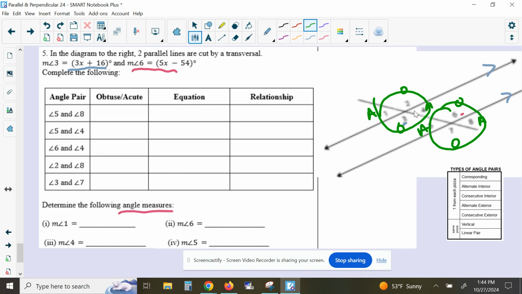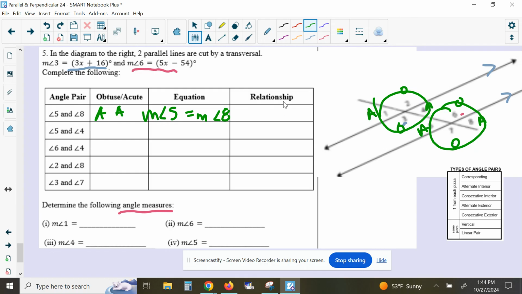So 5 and 8. If I look at 5 and 8, 5 is here, that's an A. My 8 is an A. So since they're both A's, they're going to be equal to each other. So that's going to be the measure of angle 5 is equal to the measure of angle 8. Relationship, remember I get to pick from these kinds of angles.